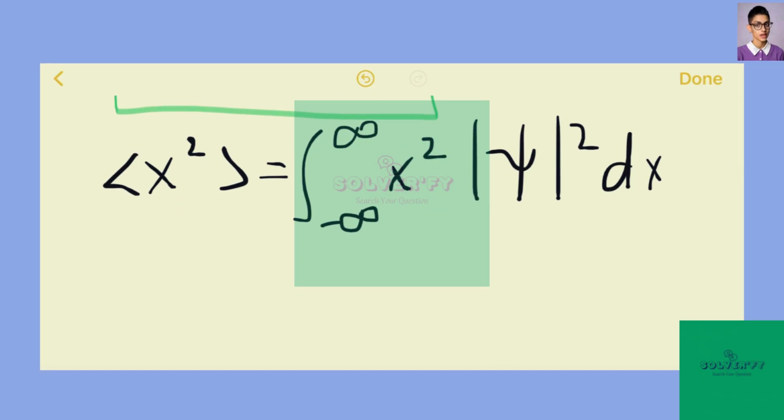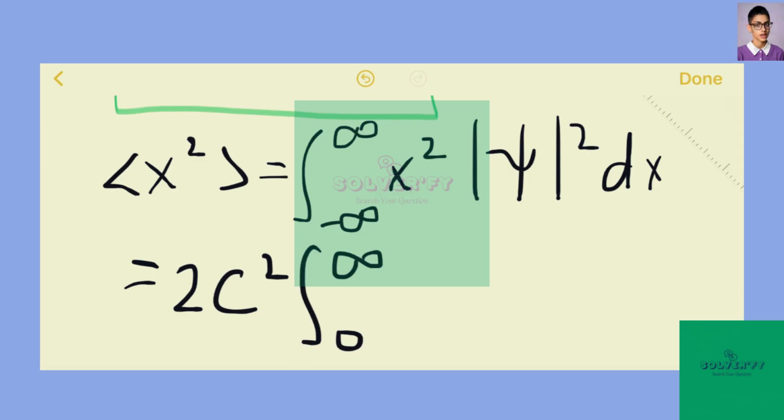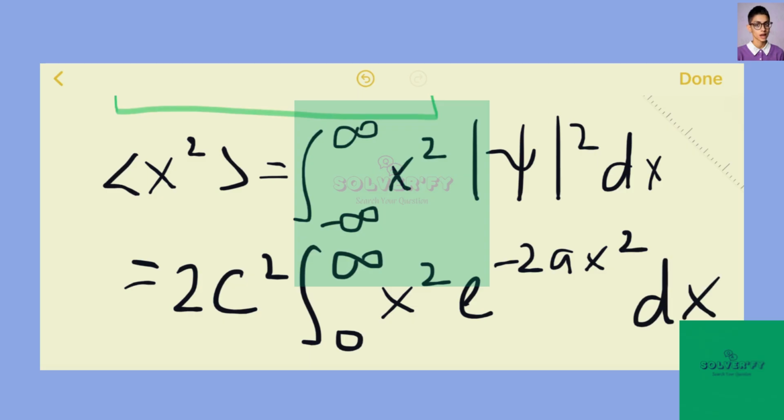So we can double the integral and do it from 0 to infinity, since the hint integral they gave us is from 0 to infinity. So this is equal to 2 times c squared, the integral from 0 to infinity of x squared, and then mod psi squared is e to negative 2 a x squared dx.